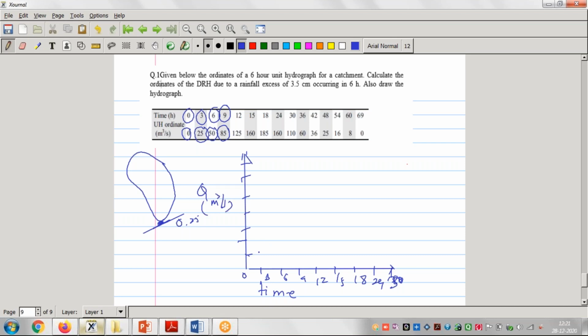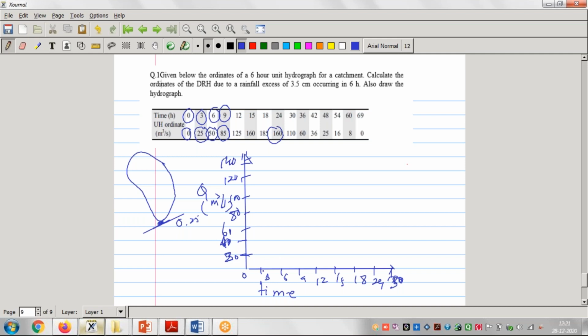At 0 time it is 0. The maximum value is 160, so I can take the scale as per my convenience: 20, 40, 60, 80, 100, 120, 130, 140, likewise, right?